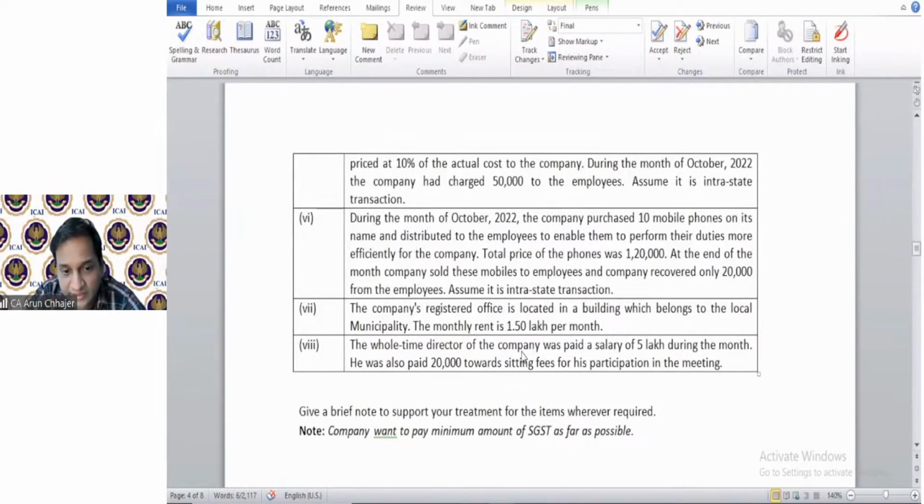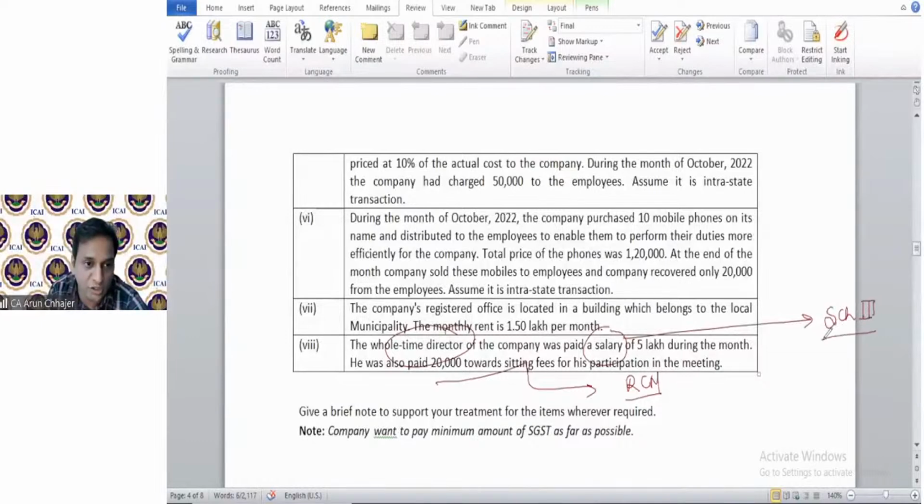The whole-time director of the company was paid a salary of 5 lakh during the month. He was also paid 20,000 as sitting fees. Again, I can say the sitting fees would be liable to tax under RCM, but the salary to the whole-time director is covered in Schedule 3 negative list, employer-employee relationship.